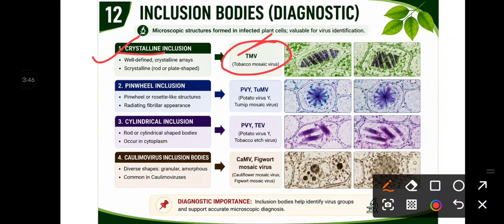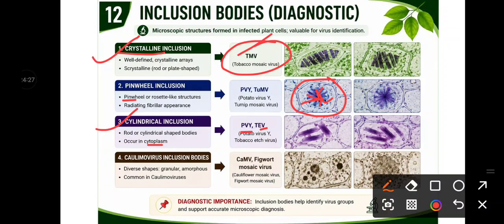Then about the pinwheel inclusion body. This is the characteristic structure produced by potyvirus. Here you can see in the photo that pinwheel like rosette structure. This is a clear indication or diagnostic for potyvirus. Then cylindrical inclusion means cylinder like shaped bodies formed in the cytoplasm by potato virus Y and tomato etch virus.